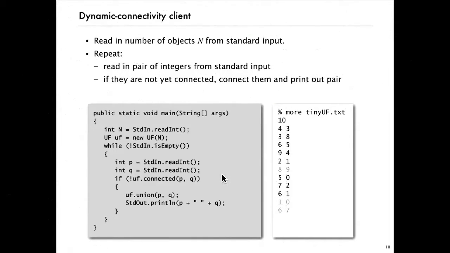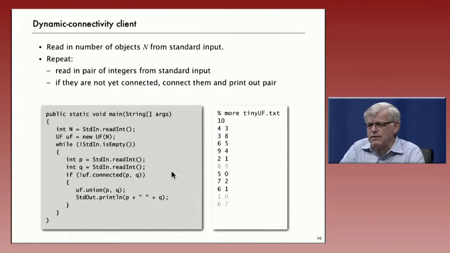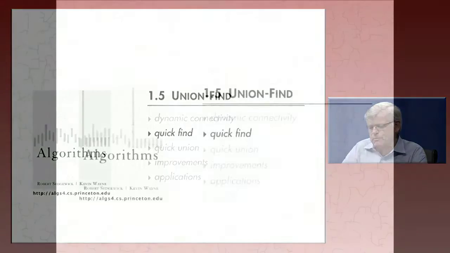If they are connected, it'll ignore them. That's a fine test client to make sure that any implementation does what we expect. So that's the setup. We've described the operations we want to implement all the way down to code, and we have client code that we're going to have to be able to service with our implementations.